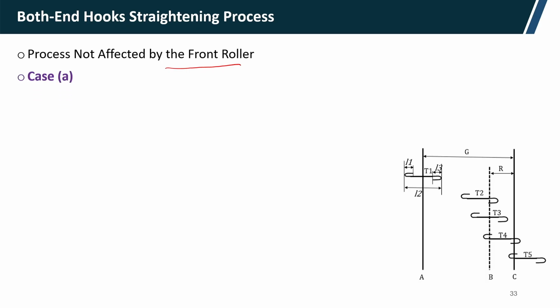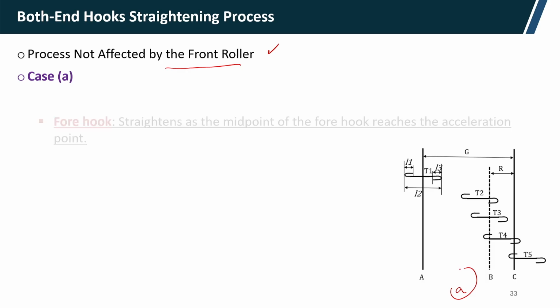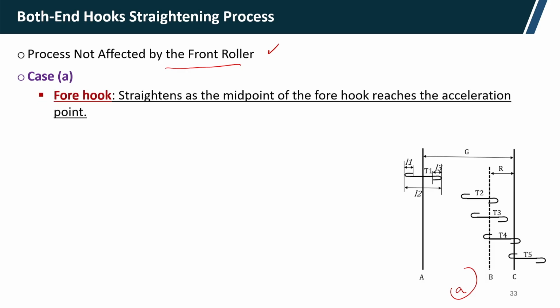Now, case A, where the hook removal takes place before it reaches the front roller. The leading hook, that is the front hook, straightens as the midpoint of the leading hook reaches the accelerating point.